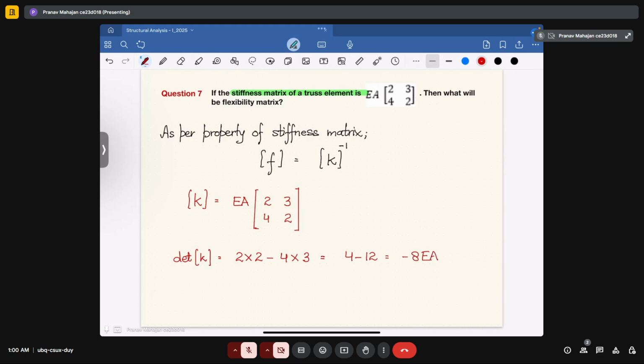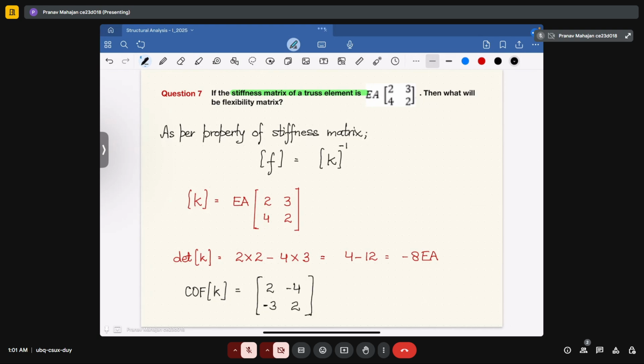Now if we try to find the cofactor matrix, I will write COF of K, which will be equal to: 2 will remain 2, your 3 will become minus 4, your 4 will become minus 3, and this will remain 2.